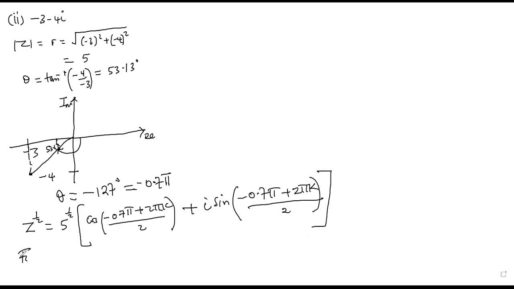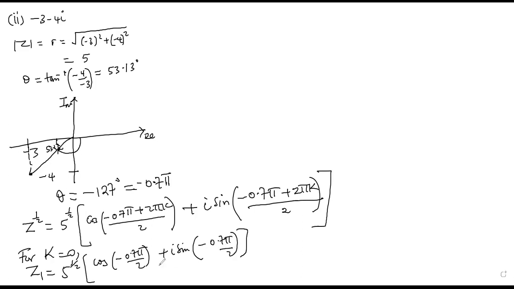So for k is equals to 0, we shall get z1 as 5 power half into, now the whole of this is 0, so we have cos negative 0.7 pi over 2 plus I sine negative 0.7 pi over 2.